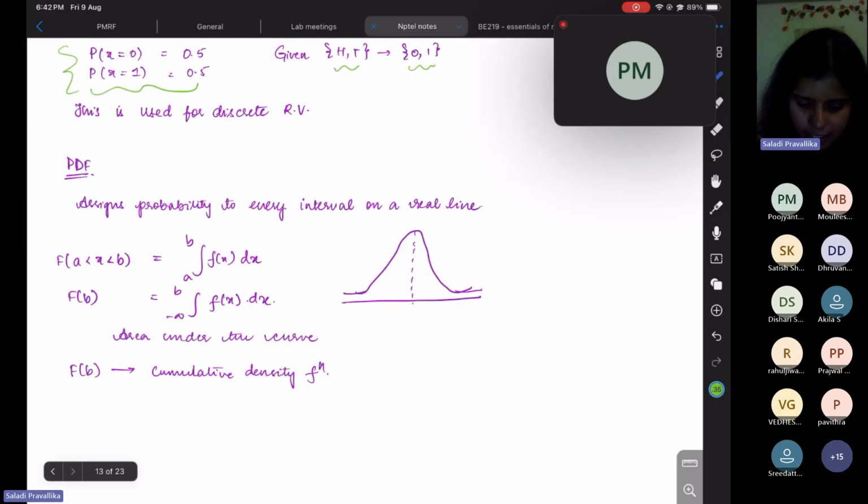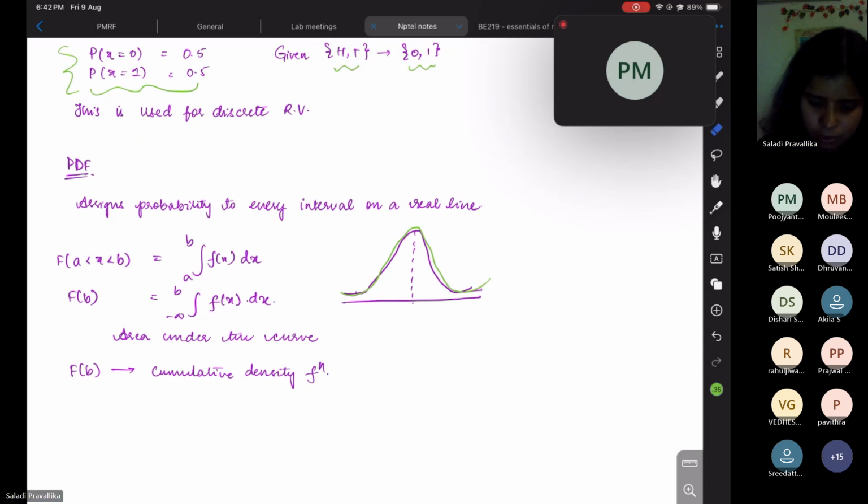And when it goes to PDF, as I was telling, it is a continuous value like this. It keeps going, so we can't find each and every point, right? Instead, we take some intervals.